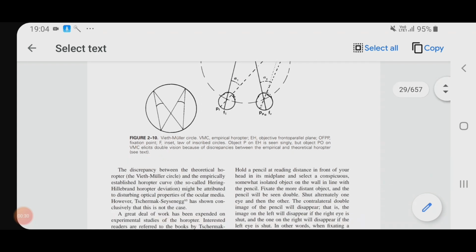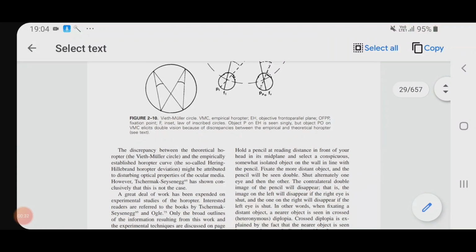The discrepancy between the theoretical Horopter and the empirically established Horopter curve might be attributed to disturbing optical properties of the ocular media. But they have done many experiments on that, and research cannot prove that there are lots of discrepancies between the empirical one and the theoretical one.